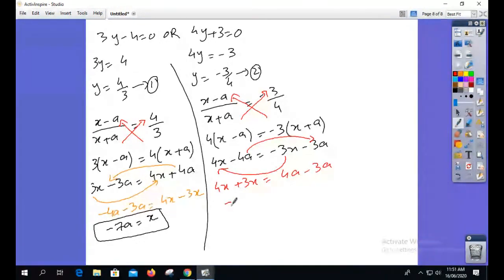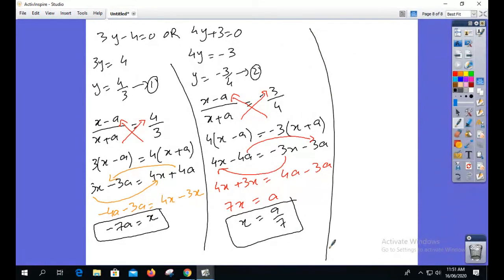And what will be the answer? 7x equals to a, x equals to a by 7. So solution set is minus 7a and a by 7.